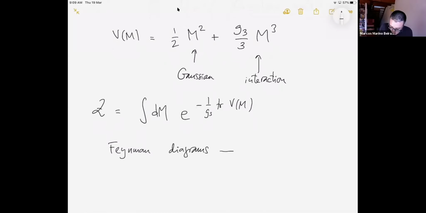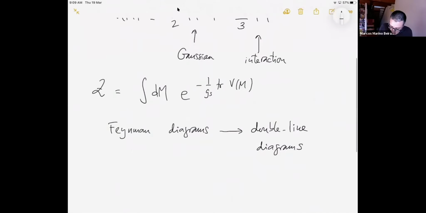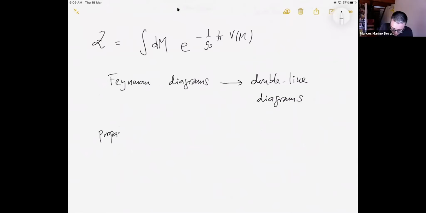But we are going to actually promote this to what are called double line diagrams, because we want to keep track of the powers of n appearing in our calculation. So the propagator is now a double line like this.